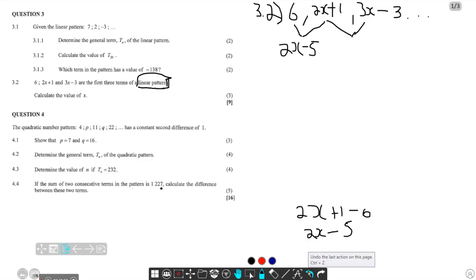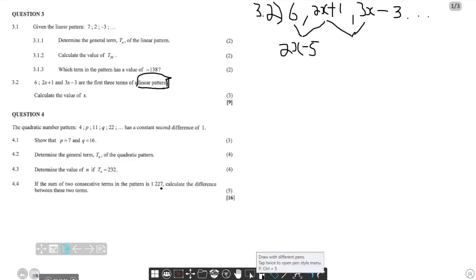So what are we going to do? This is what you're going to do. You're going to say, okay, 3x minus 3, minus what? Minus your 2x plus 1, right? So it's going to be 2x plus 1.